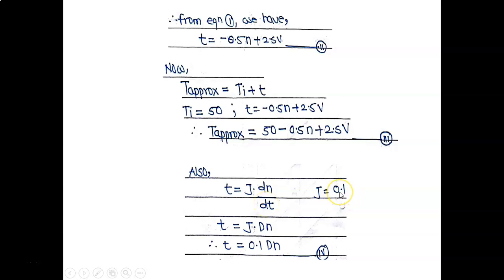Substituting the value of j is equal to 0.1, t is equal to 0.1 Dn, equation 4. Now what we will do? We have equation 2 here. What is our equation 2? Small t is equal to minus 0.5n plus 2.5v. And this is our equation 4, small t is equal to 0.1 Dn. Therefore, we will compare these two equations.